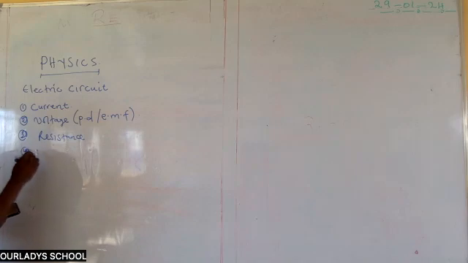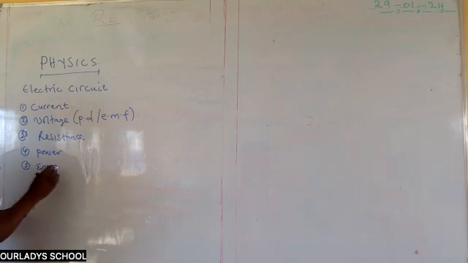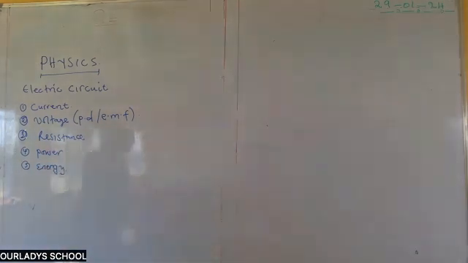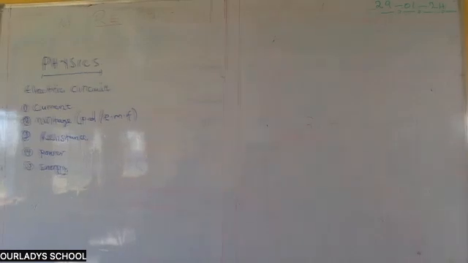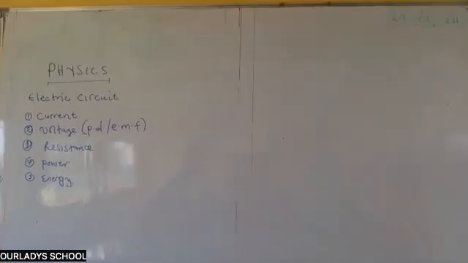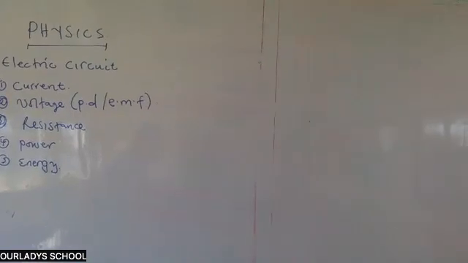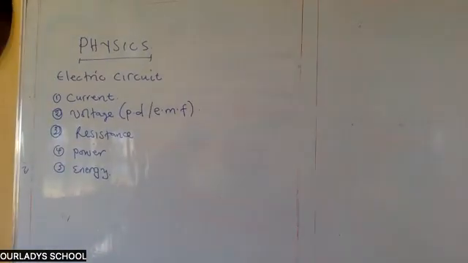Then four, we have to look at power. Five, we have to look at energy. So these are the things that we are going to concentrate on as we go on with our discussion.